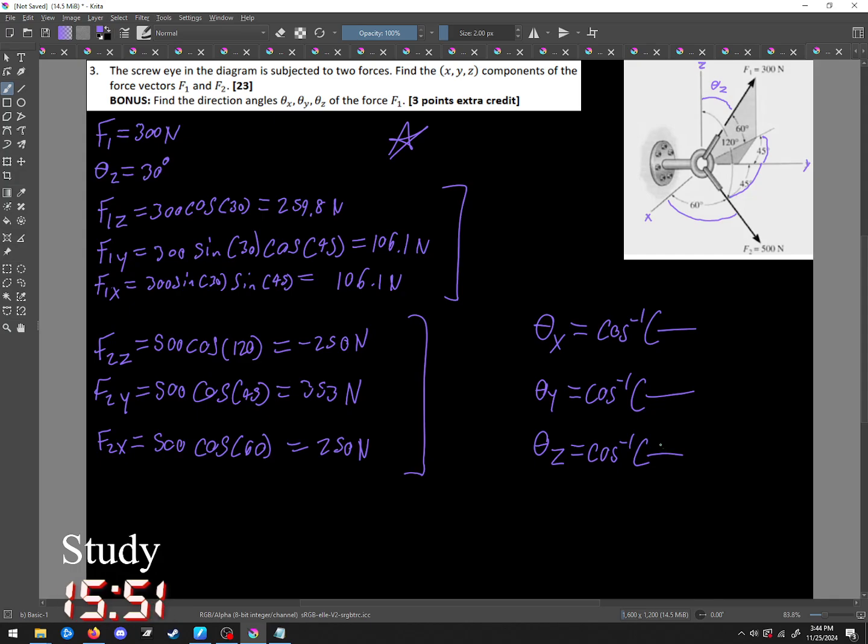This one's going to be F1x over F1 for x. Yeah, so they just want it for force 1. And force 1 is 300. These are all going to be over 300. Got to be careful, this is for x: 106.1. This one is for y, so this one's also 106.1. And this one's for z, so this is 259.8.